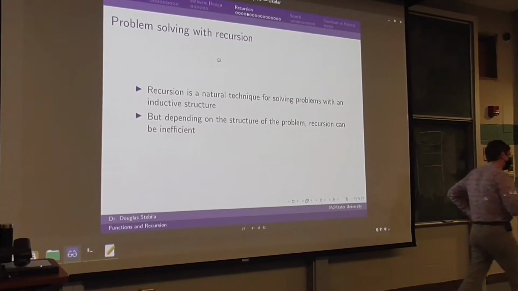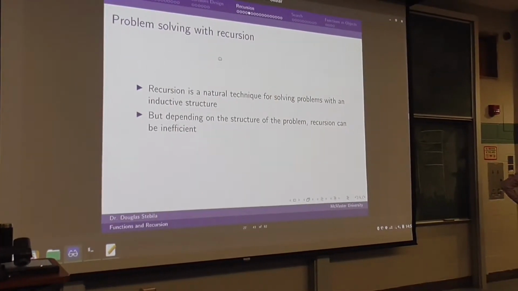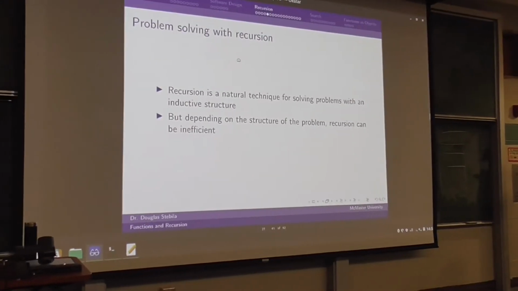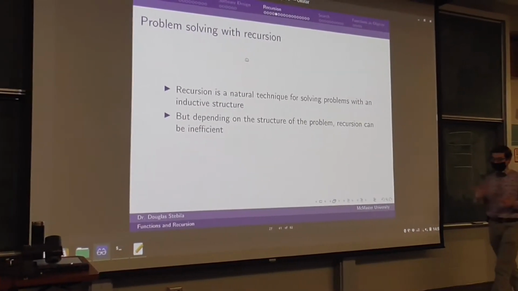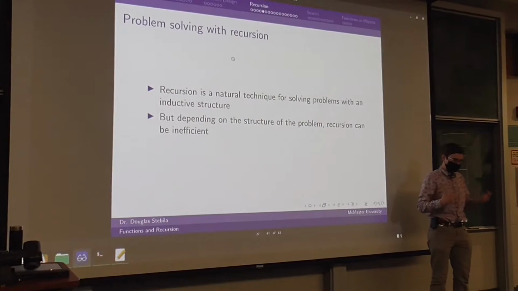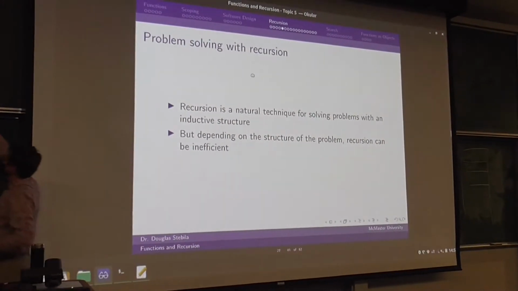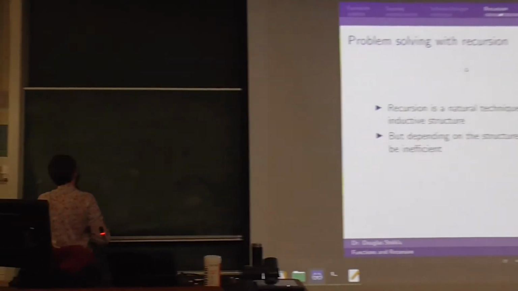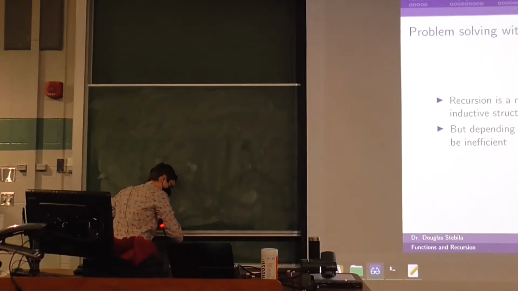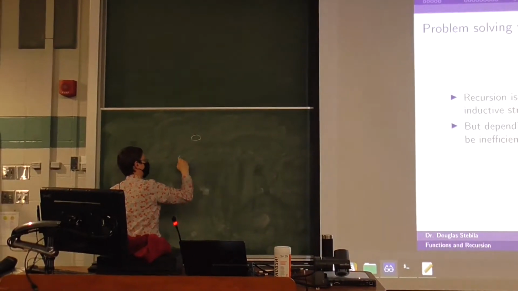Certain problems have an inductive structure, right? You're going to see this more and more if you go on to take courses on algorithms and algorithm design. But just as a quick example, there's a thing we have in computing called a binary tree.